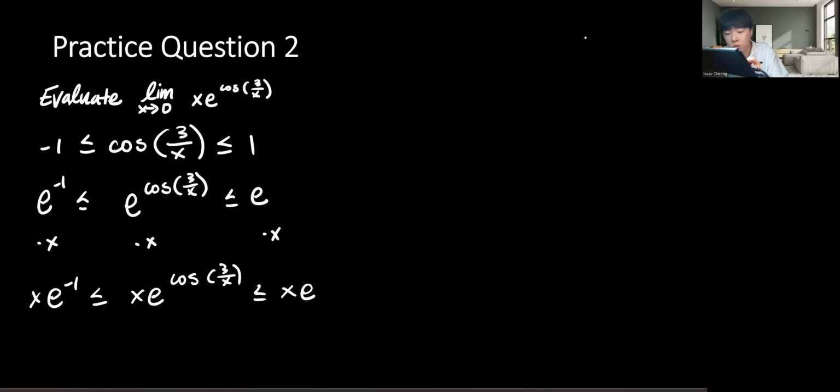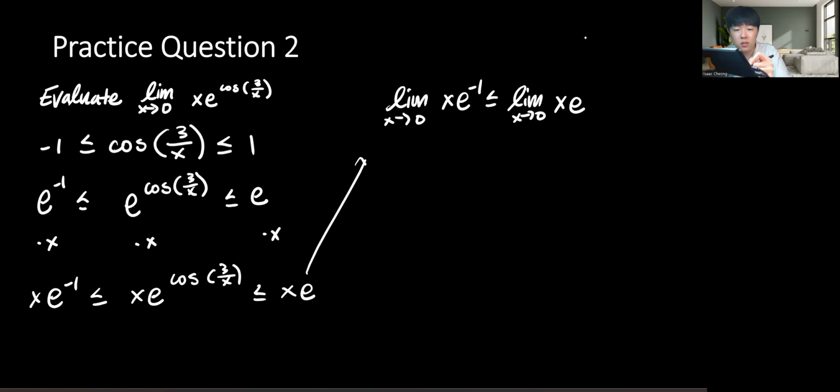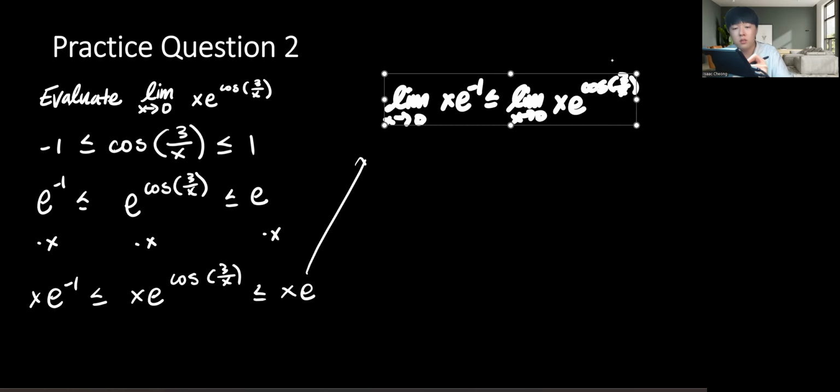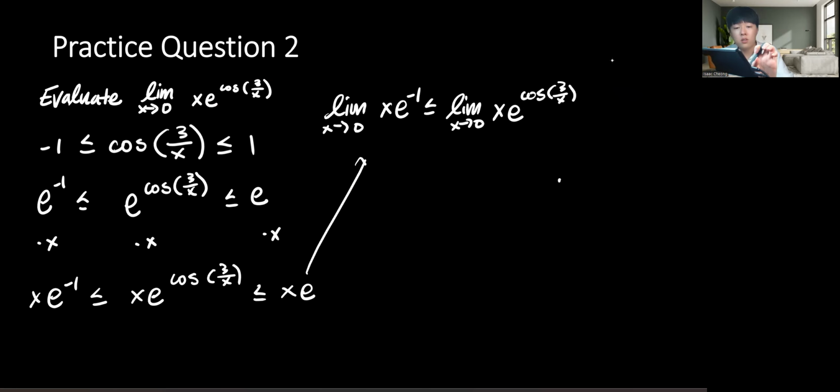Then we want to evaluate the limit, so we put our limit on everything. The limit as x goes to 0 of x e to the -1 is less than or equal to the limit as x goes to 0 of x e to the cosine of 3 over x, which is less than or equal to the limit as x goes to 0 of x e. Because as x approaches 0, these limit values go to 0, because of the x.